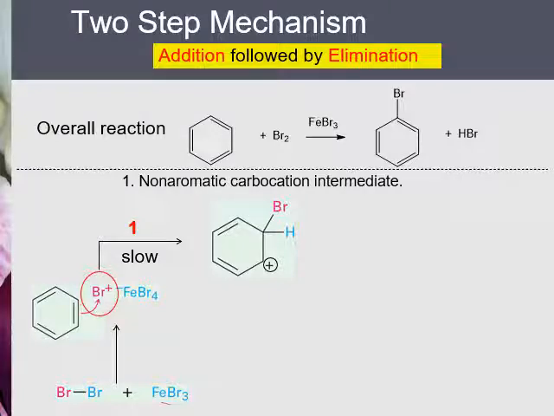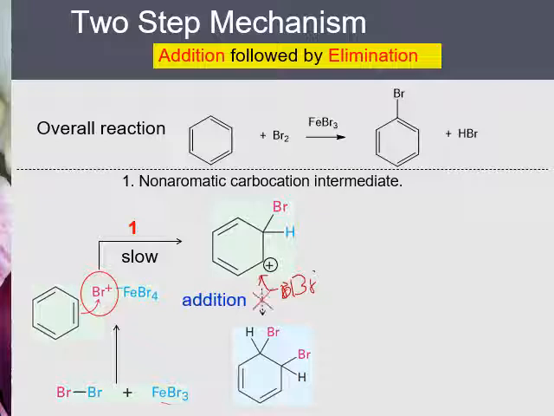Now, for electrophilic addition reaction, after it forms carbocation, the bromide ion will attack the carbocation, that forms dibromide. Now, this is not the case in benzene reactions.